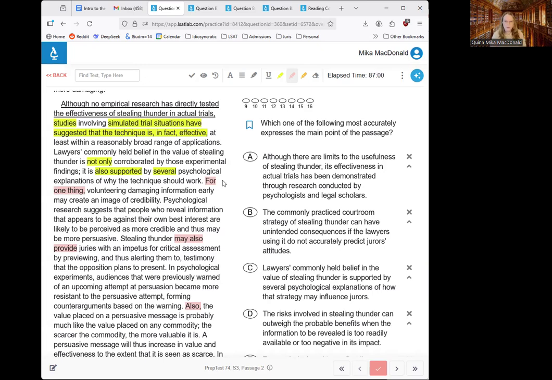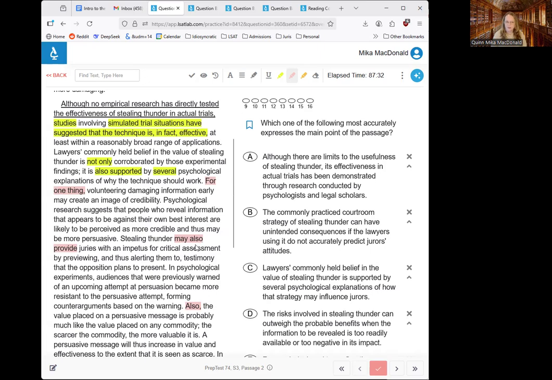So here's where we get to that idea of, in the original document, there is no way the list was constructed like this. This carries every bit of evidence of the LSAC changing this to make it harder to see. This should be a first, second, third. This would be a massively improved passage in terms of readability if this just said, first, volunteering damage early may create an image of credibility.